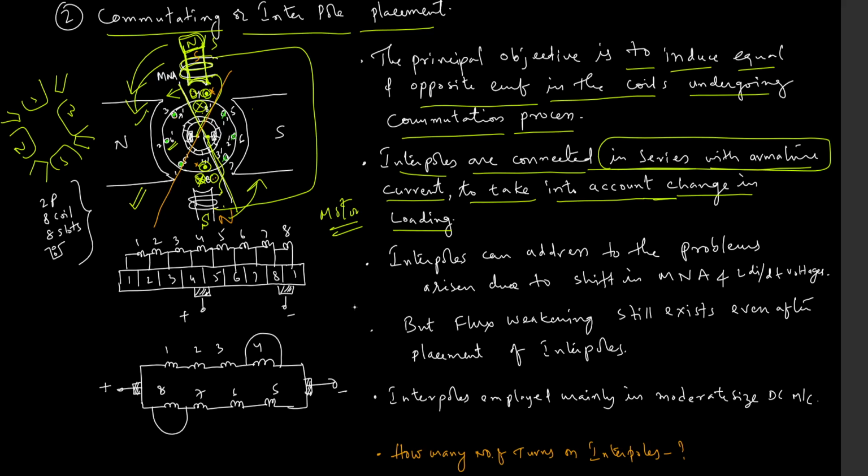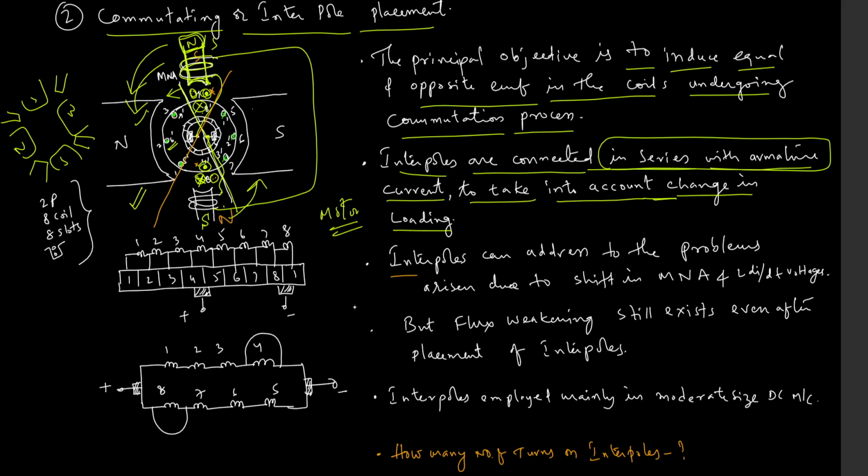Motors will have interpoles with signs of pole opposite to that of a generator. Are you followed? Right. Now I have told about how to accommodate the load changes and how they are connected in generator as well as motor.